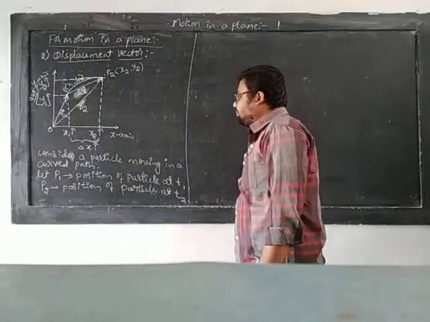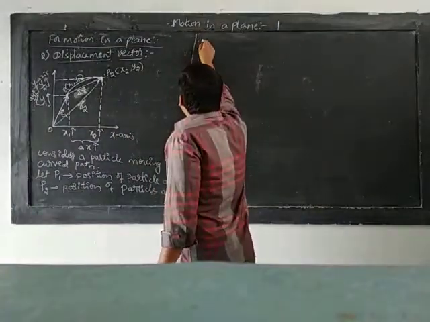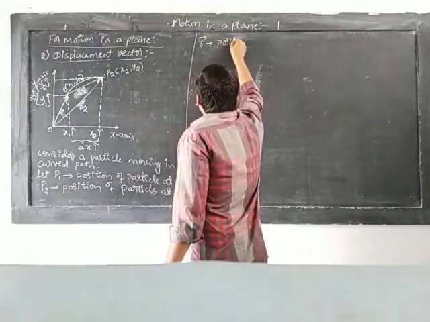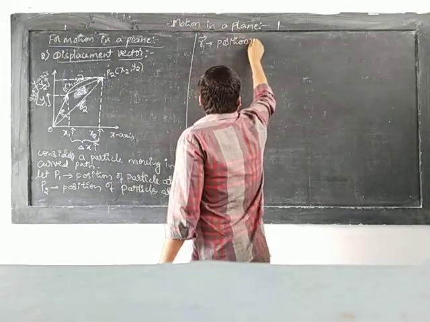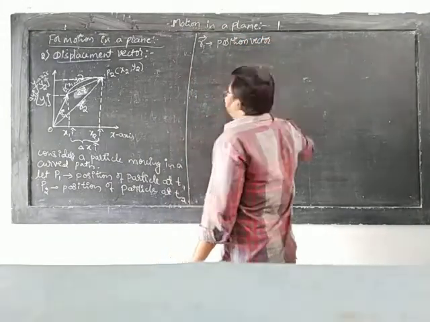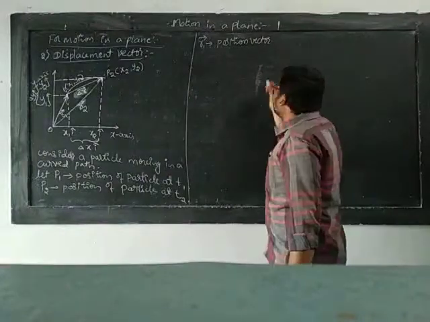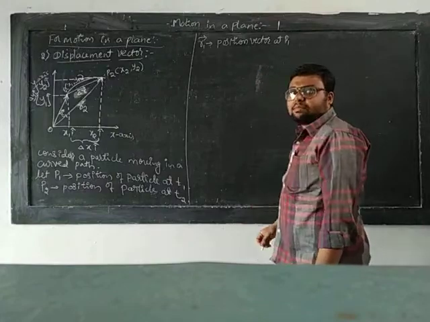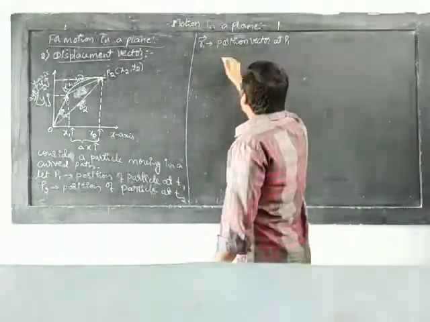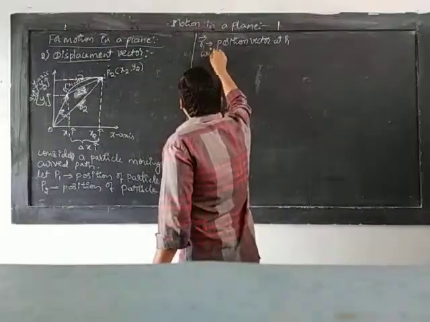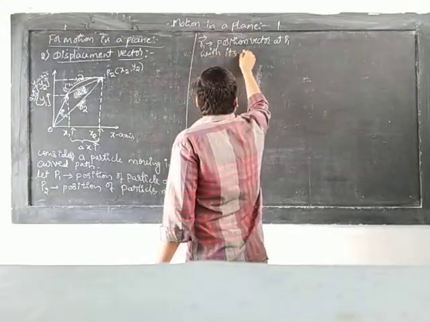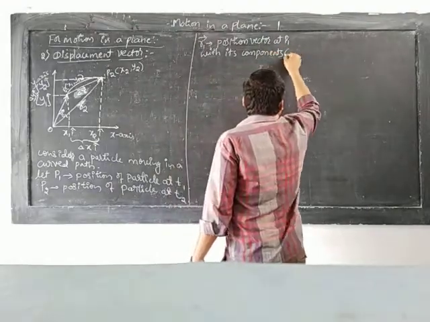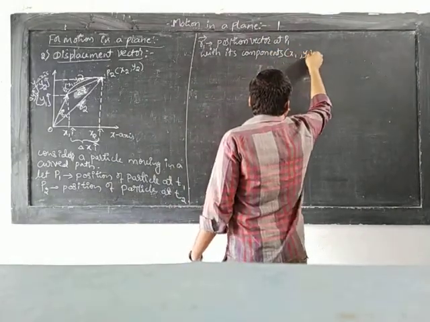The next step, vector R1 is the position vector of the particle at P1 with its components x1, y1.